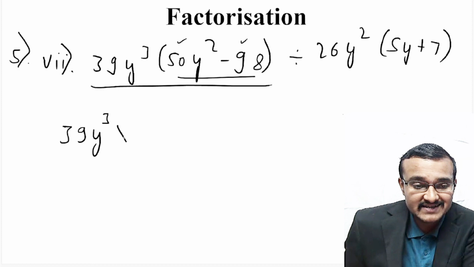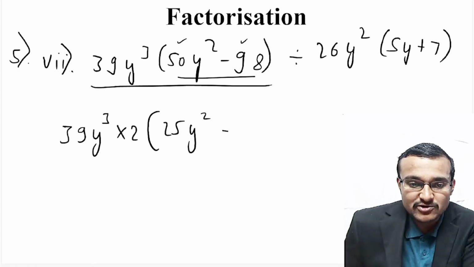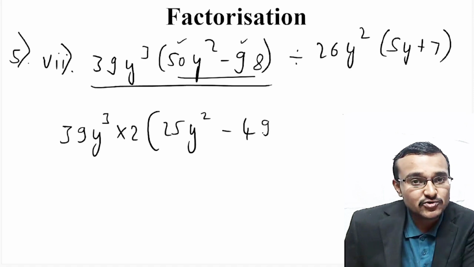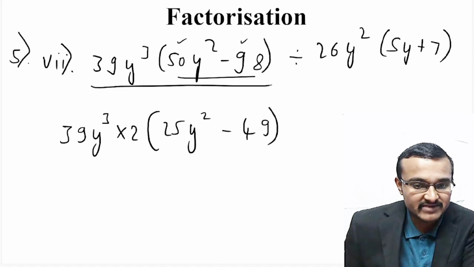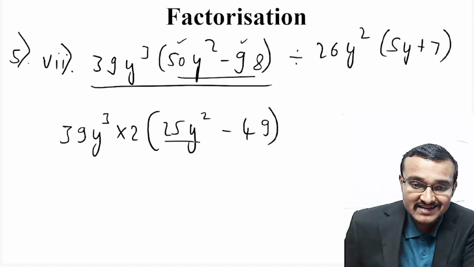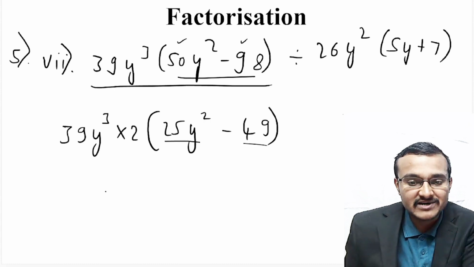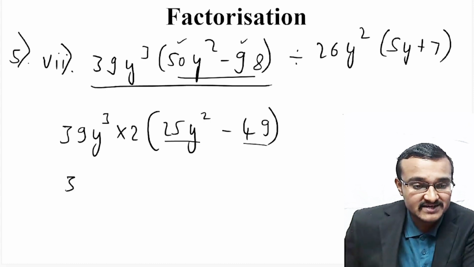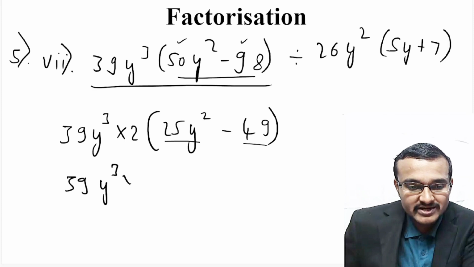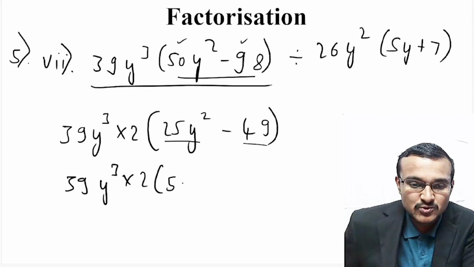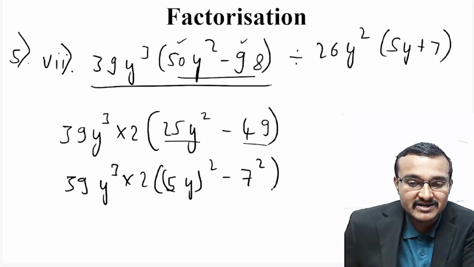So you will be getting 39y³ × 2 outside, and inside the bracket 25y² − 49. Here 25y² can be written as (5y)², and 49 can be written as 7².